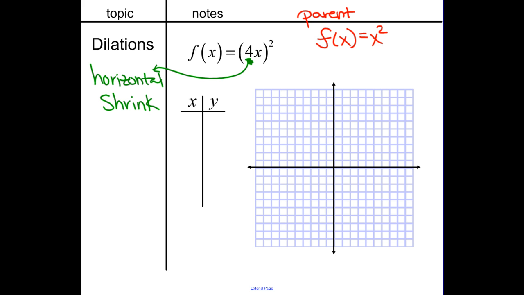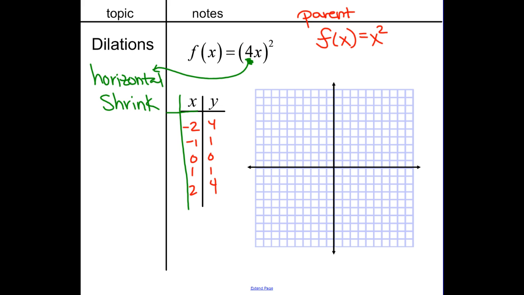Now this one's on the inside. Again, I'm going to fill in my parent function values here: -2, -1, 0, 1, 2, 4, 1, 0, 1, 4. Since it's on the inside, it's going to affect our x values, just like with translations. And just like translations, we have to think opposite of the inside.